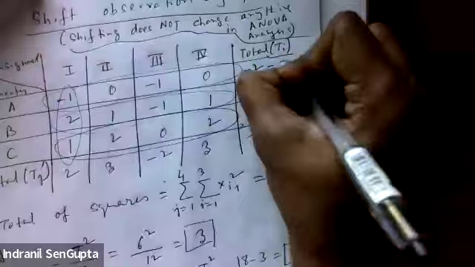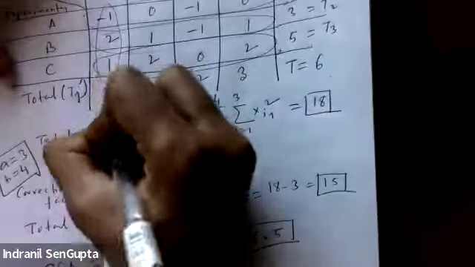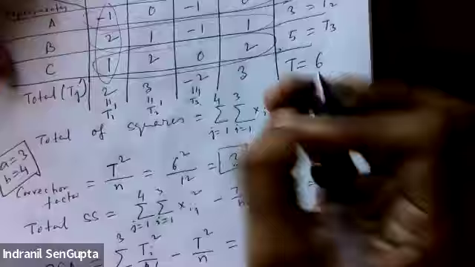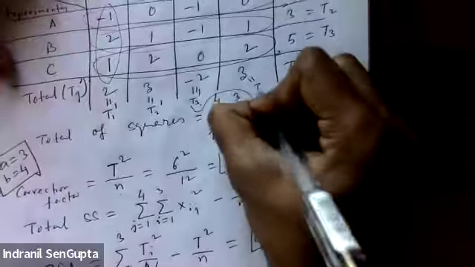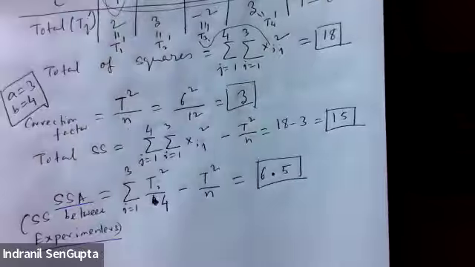So all the Ti's are given. Basically, this is T1, this is T2, this is T3, and this is T1 prime, T2 prime, T3 prime, T4 prime. I just compute this using these.